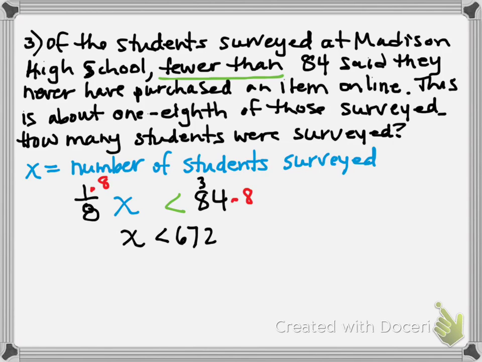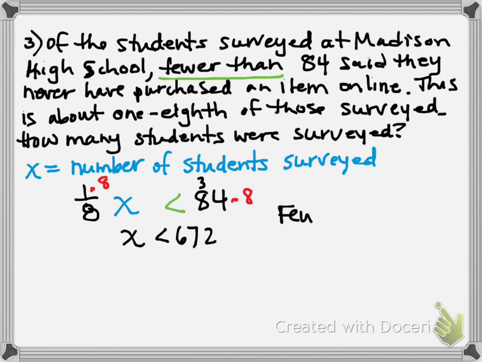So what does that tell us about the number of students that were surveyed? How would we write our response? There were fewer than 672 students surveyed. That's about as crystal clear as you can write it. Good job.